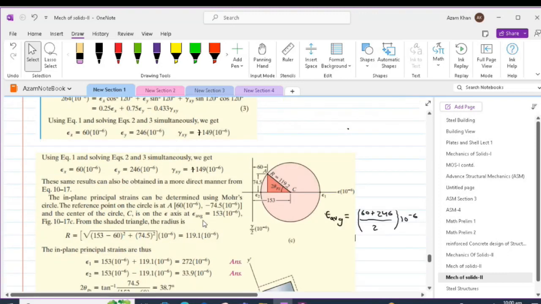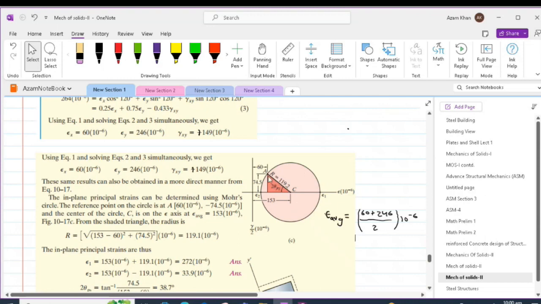We can determine the center of the Mohr circle by averaging epsilon x and epsilon y. Therefore, (60 plus 246) by 2 into 10 raised to power minus 6 will give us the centroid of the Mohr circle equal to 153 into 10 raised to power minus 6.